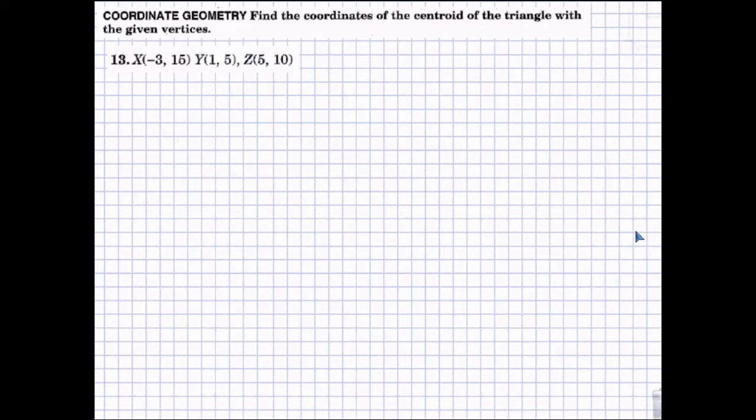Okay, we want to find the centroid if we've been given vertices of a triangle. So we're going to be drawing the picture of the triangle and then using the picture to find the centroid. Okay, so what I want to do is first I'm going to create my coordinate plane.